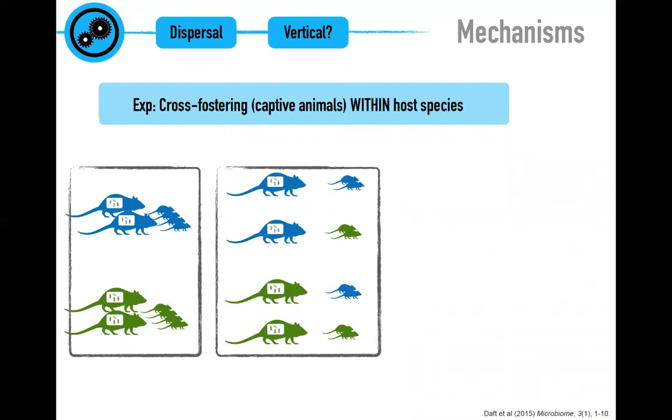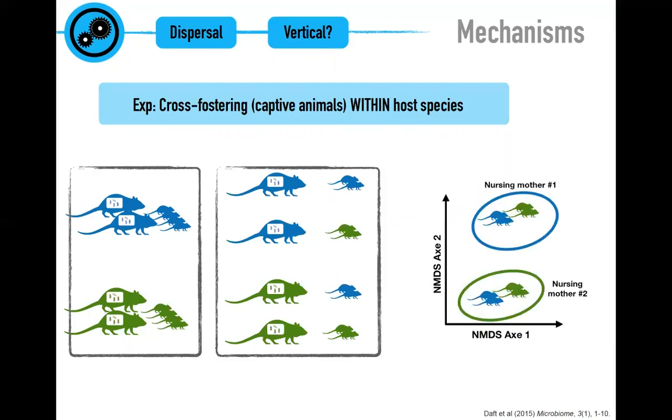So you've got the normal case here, and then a mixed-up case. If it's actually the nursing mother that is the source of the microbes for the newborn, then you expect that the microbiome of the newborn will resemble the nursing mother and not the real mother.